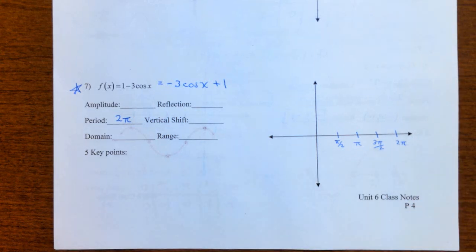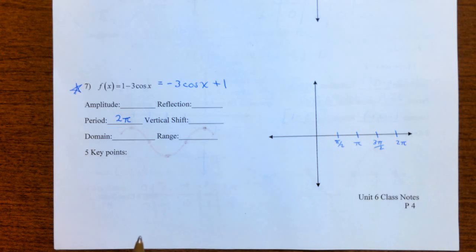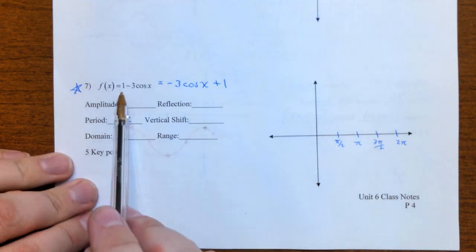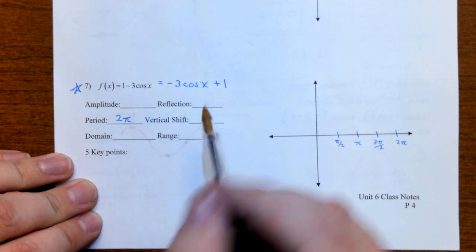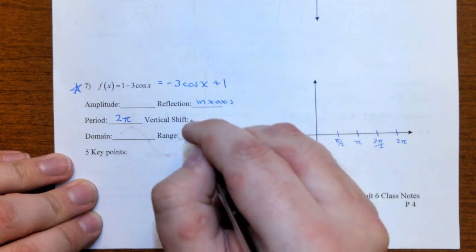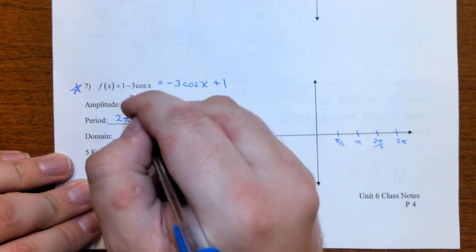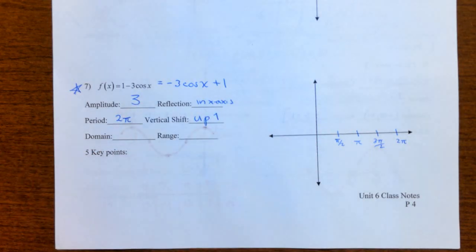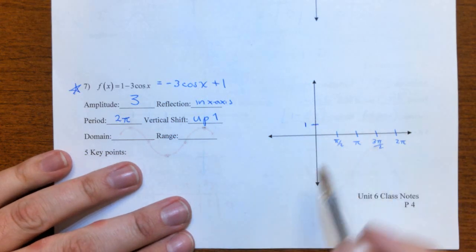All right. Now, how will I label the y-axis? Well, I can see a couple things here. There's a vertical shift going up 1 unit. There's a reflection in the x-axis. And I can also see this 3, which will change my amplitude. Well, this means that I've gone up 1 unit.